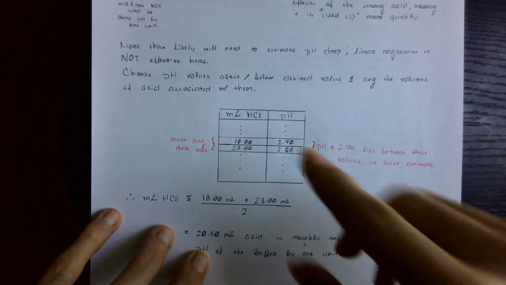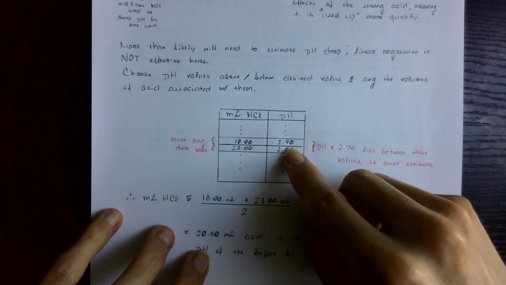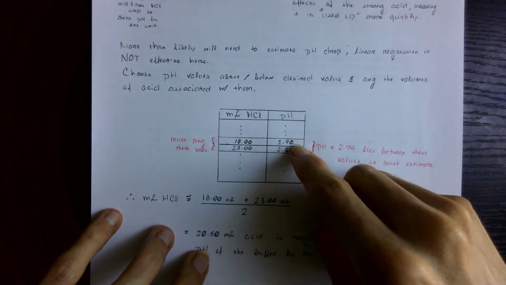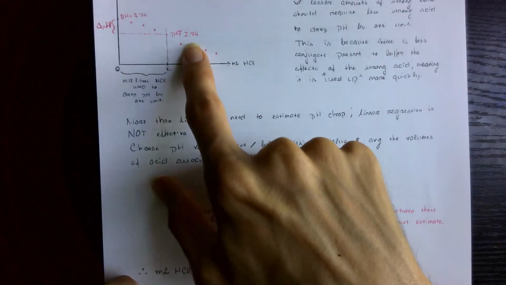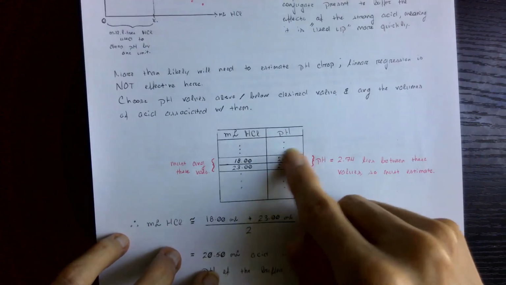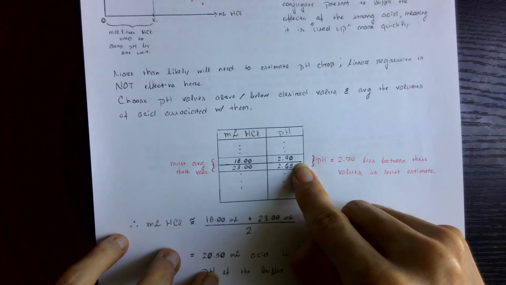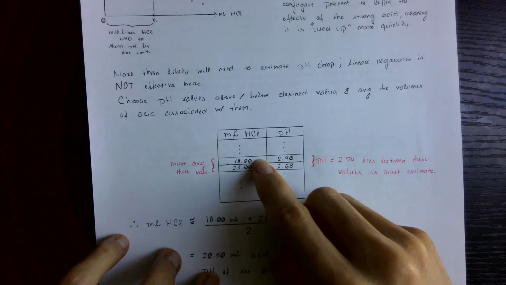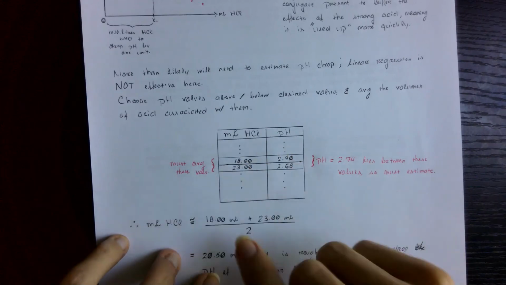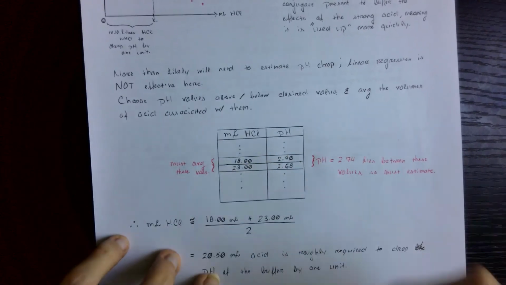Mine doesn't. The two closest I had, 2.74 falls between 2.90 and 2.68. So these are the values I have to work with. This falls between these two, so I'm going to use these two values. All you're going to do is take the volumes associated with those two pHs and just average them. So I took 18 and 23, averaged them.